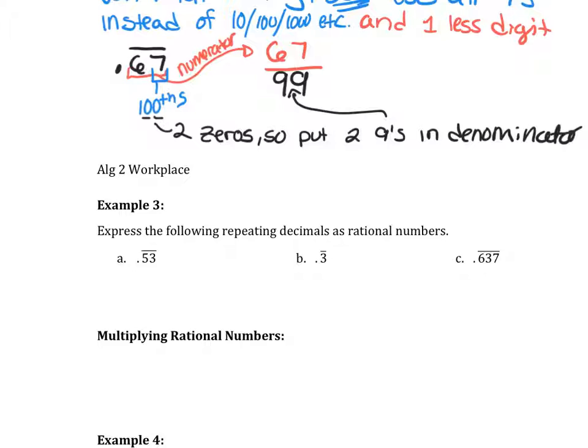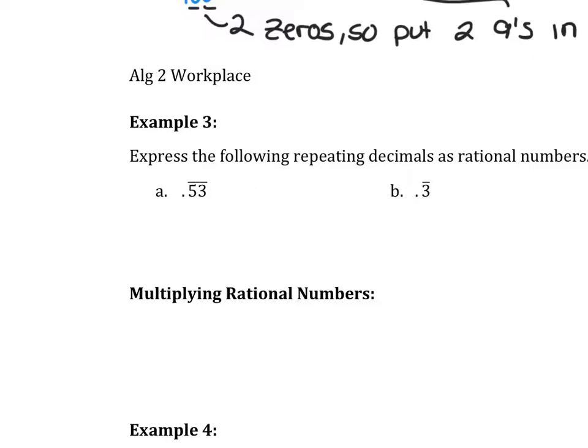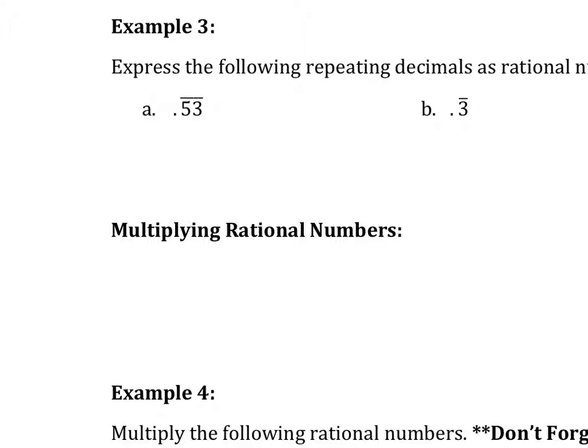So let's take a look at, on the next page, example 3a. So we have 0.53 repeating. So what's going to be my numerator? 53. Yeah, whatever that repeating part is is always going to be your numerator still. That stays the same.